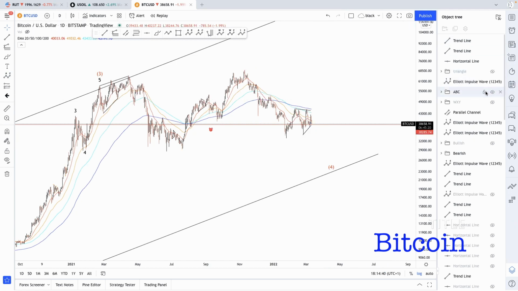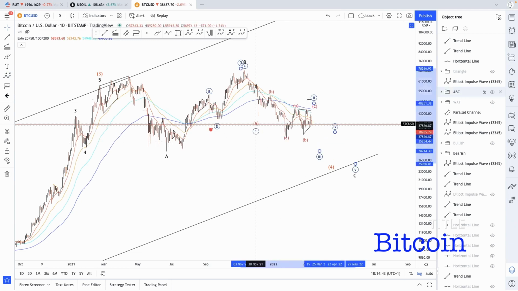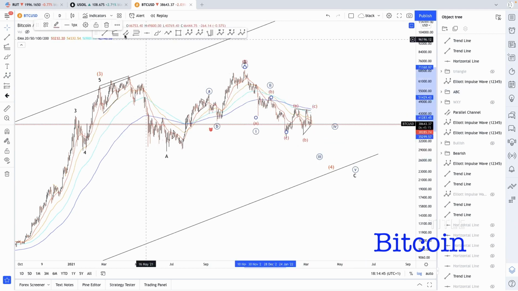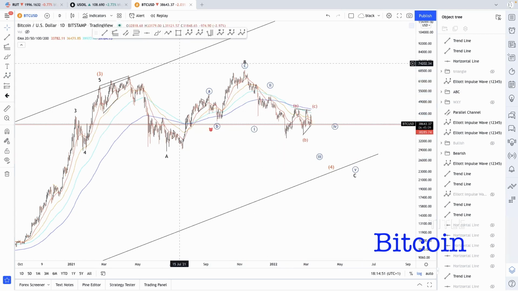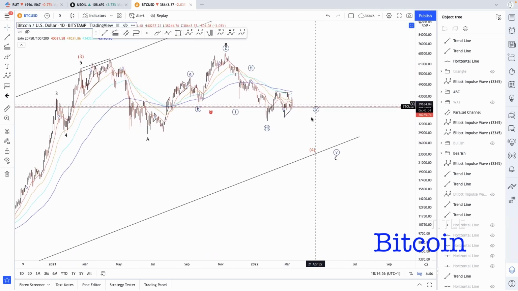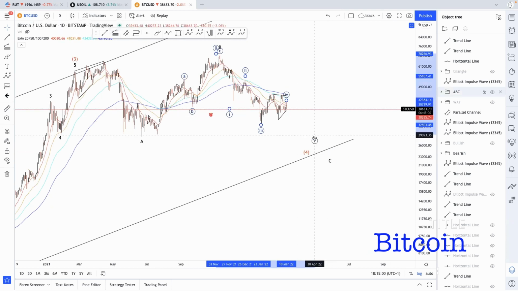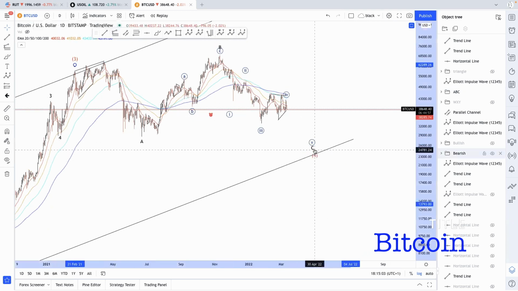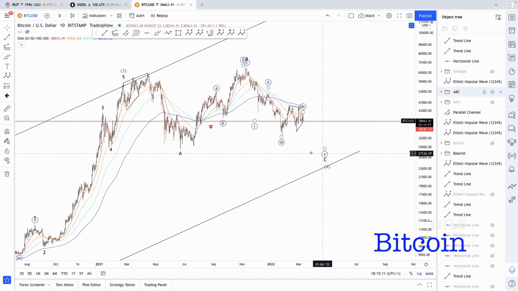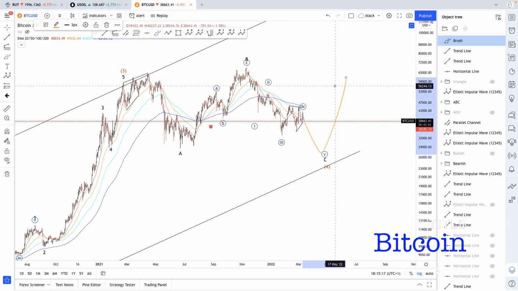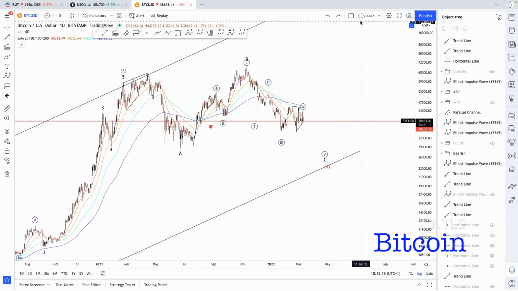Or else, at this point it would be 1, 2, 3, 4, and 5 for wave C, and that would be the alternate, so that we would have just an expanded flat, and again, up we go. So let's move down, and then higher. That's also possible.